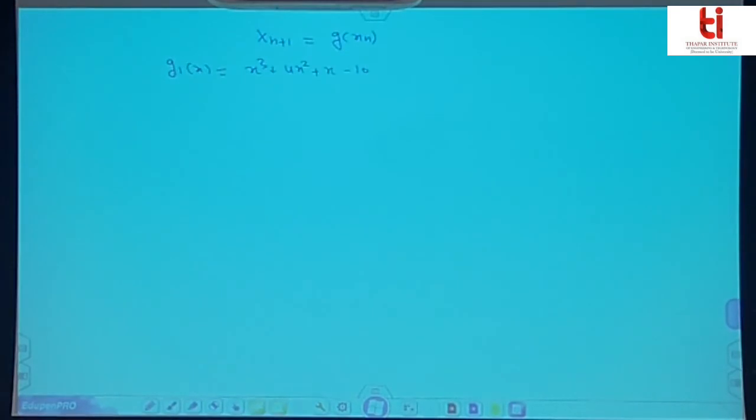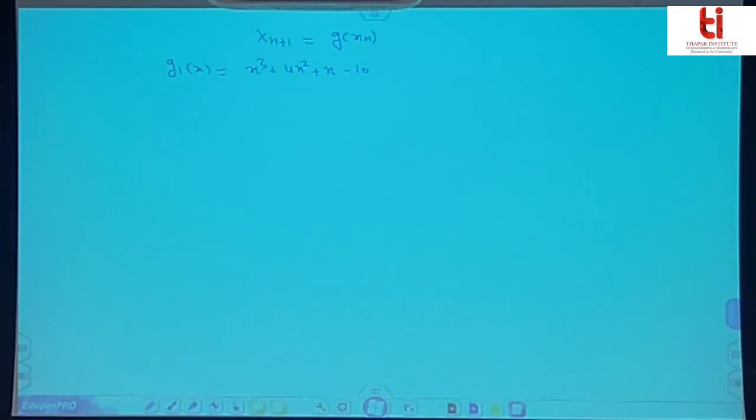Okay, let us apply this iteration function to compute the fixed point. So x(n+1) equal to g(xn), and we are taking g as g1.